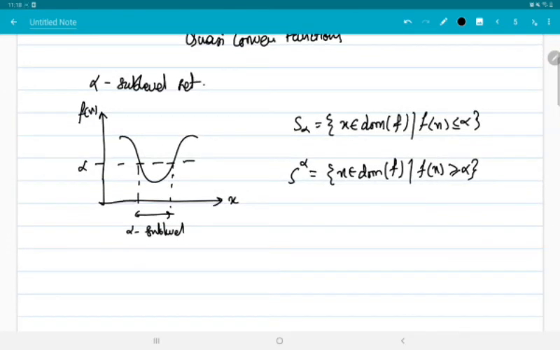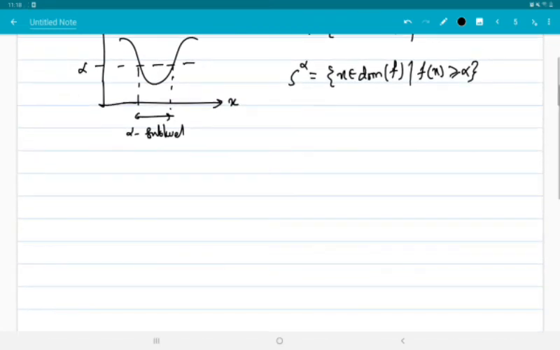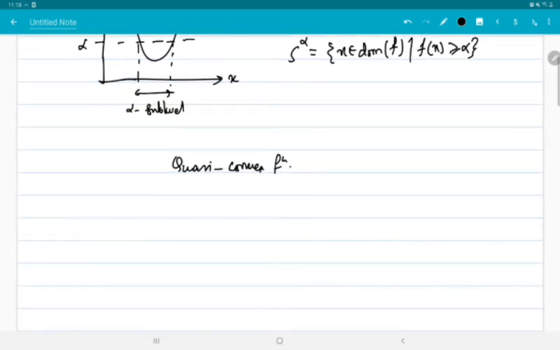I don't know if this is the notation, but for the time being, these are the superlevel sets. A quasi-convex function is a function for which all the alpha sublevel sets are convex.